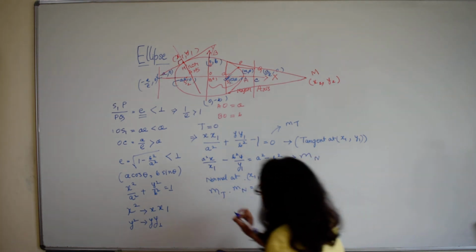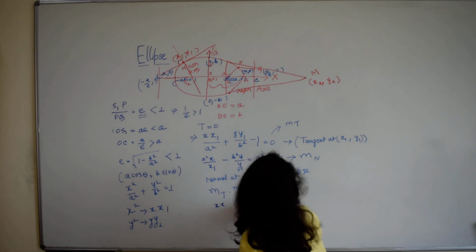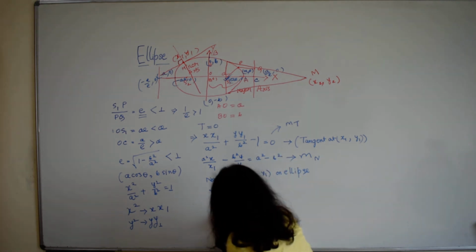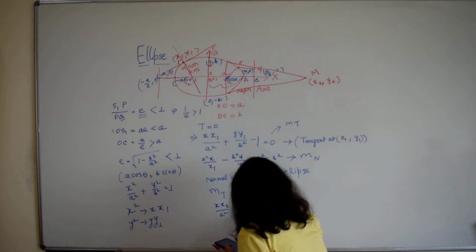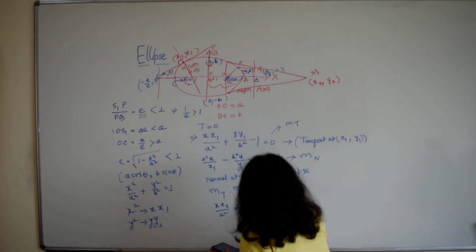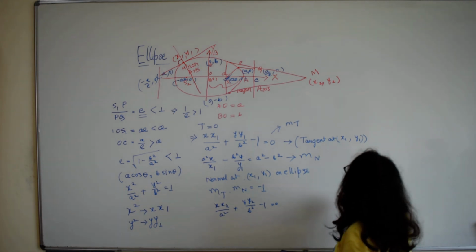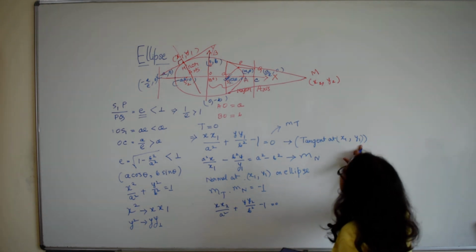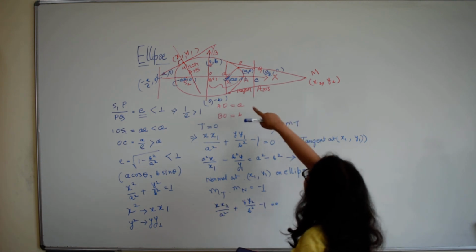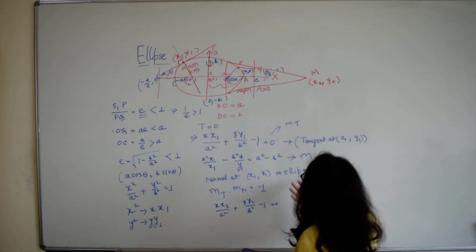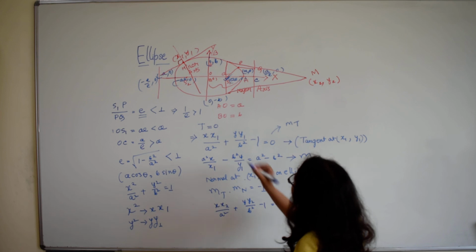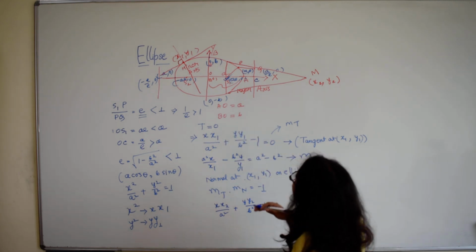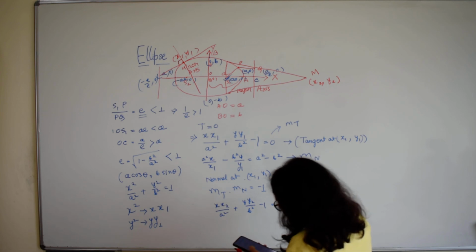So here we can say that the tangent at x1 comma y1 and the chord of contact of the ellipse are similar. So these two equations are similar. So if we remember one equation, that is T equal to 0, we can get the answer to two problems.